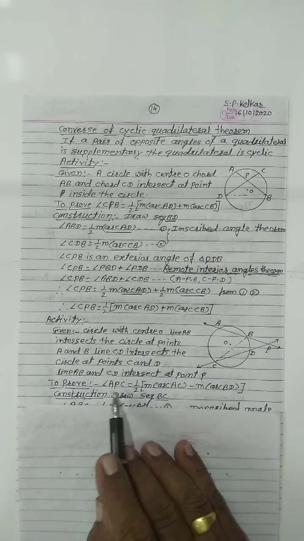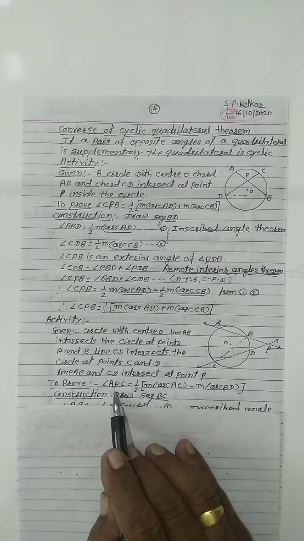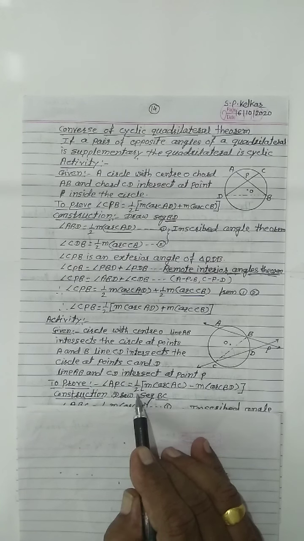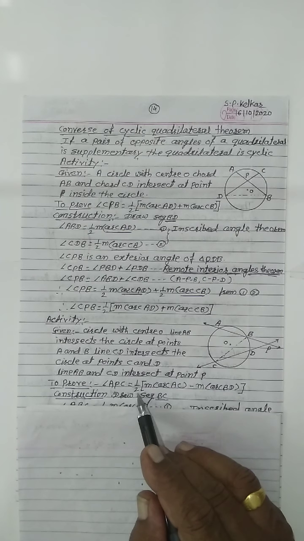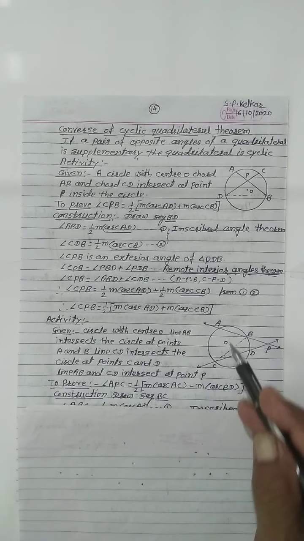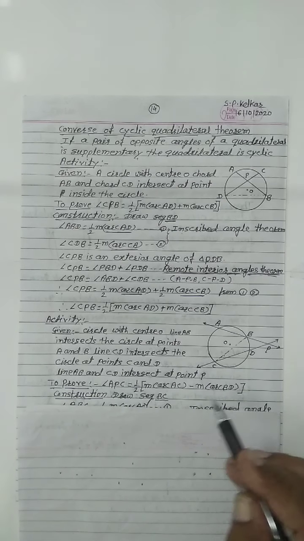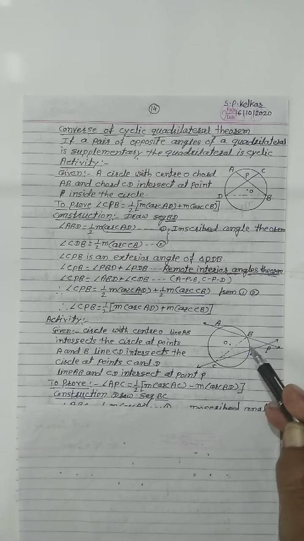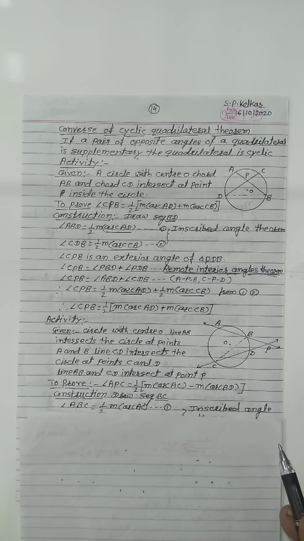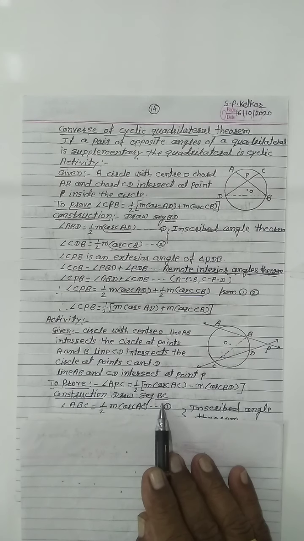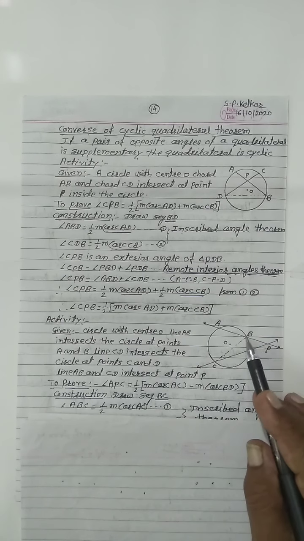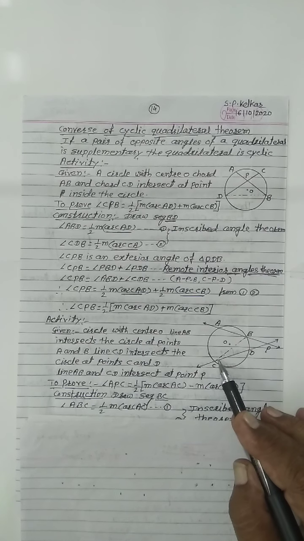To prove that angle APC equals 1 by 2 in square brackets, measure of arc AC minus measure of arc BD. Construction: draw segment BC.